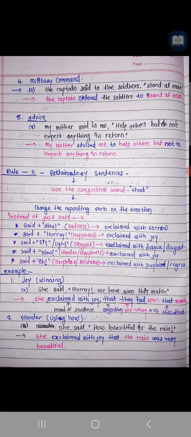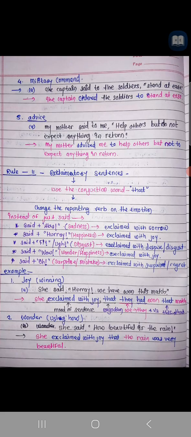That means whenever you are happy, you feel very happy, your heart feels wonderful and your heart really likes those things. So at that time we use "said" plus "wow."